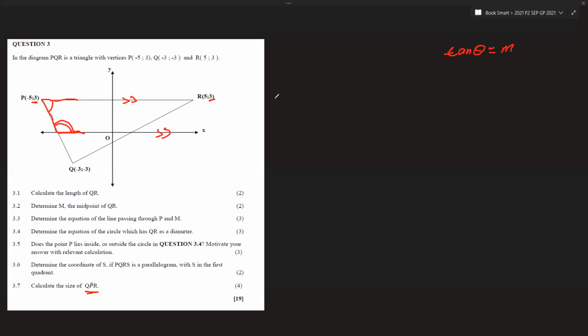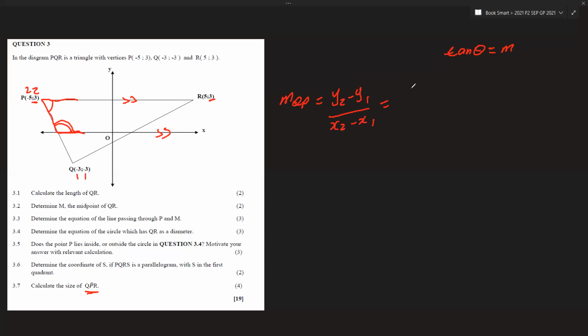Okay, perfect. So firstly, I need to find the gradient of what? Of QP. Okay, so small m of QP will be the same as y2 minus y1 over x2 minus x1. So let's call these our ones, and those ones our twos.